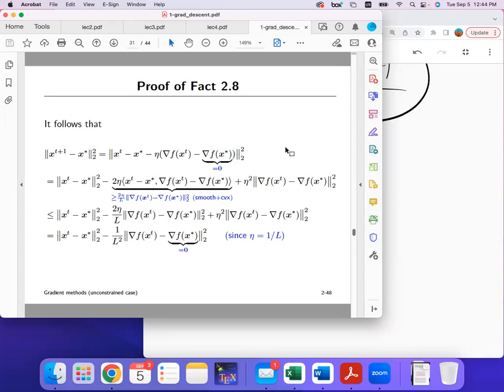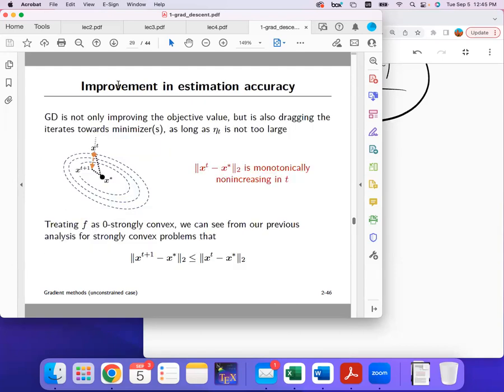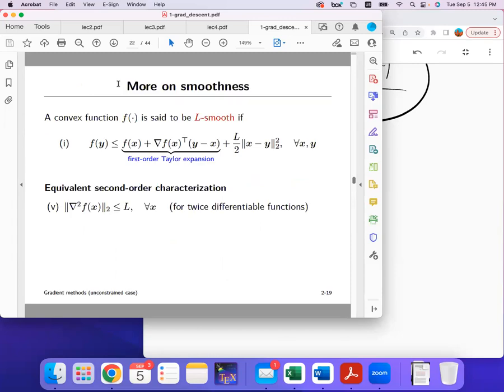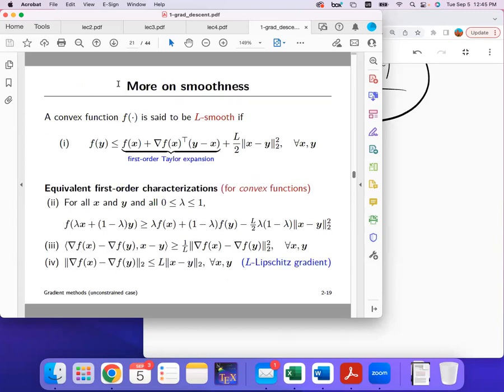And for the second term, this inner product term, this term is about x_t minus x star inner product with the difference in the gradients. And we have shown in the previous lectures that for convex and smooth functions, let's go back to this one, this inner product can be controlled in various ways.